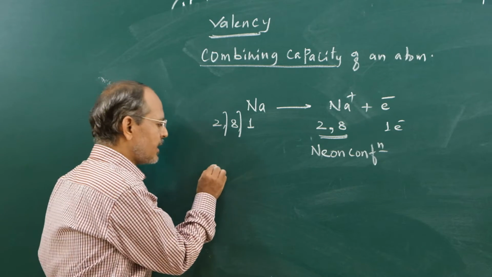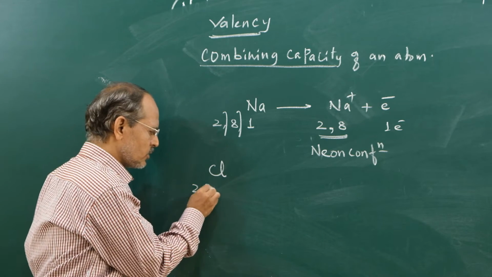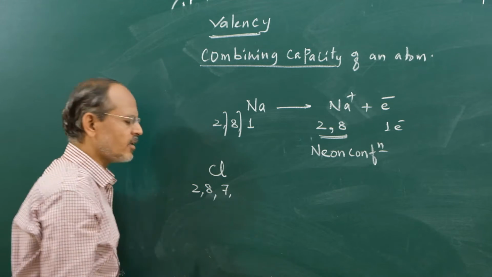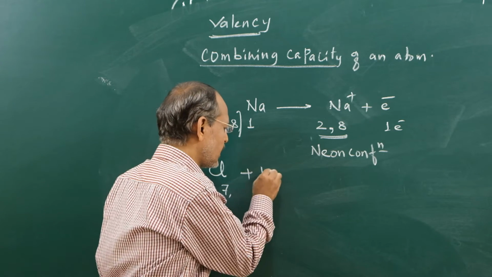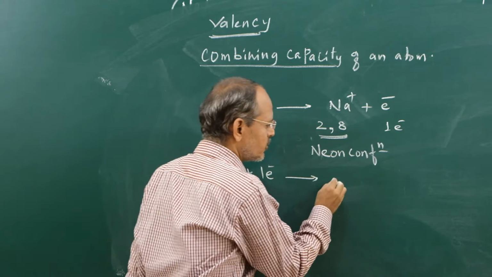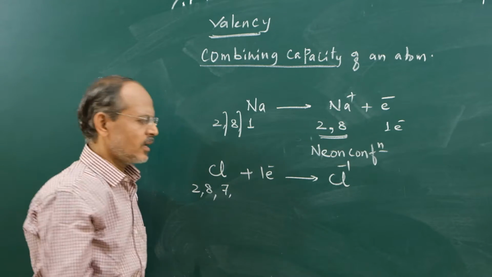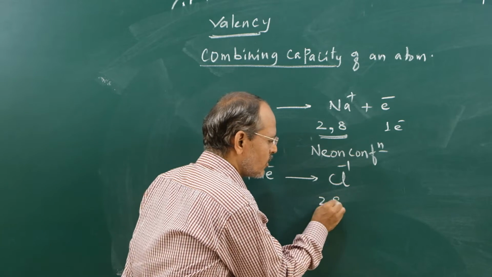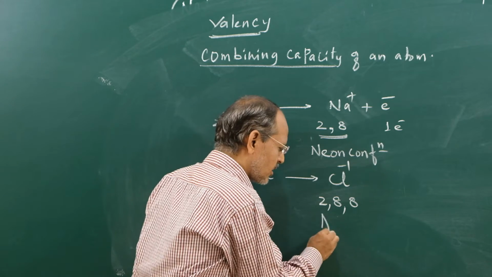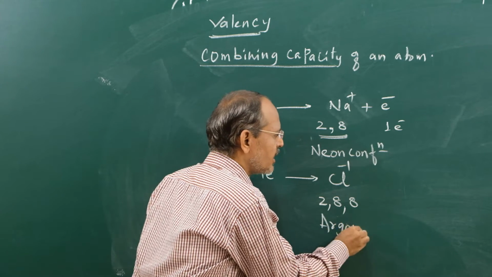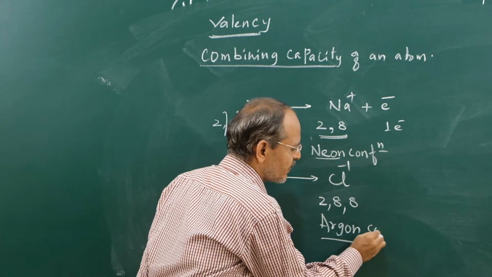Now like that, chlorine is 2, 8, 7. Now plus one electron gives rise to Cl minus 1. Here I will write 2, 8, 8. That we call the argon configuration, because neon and argon both are noble gases.